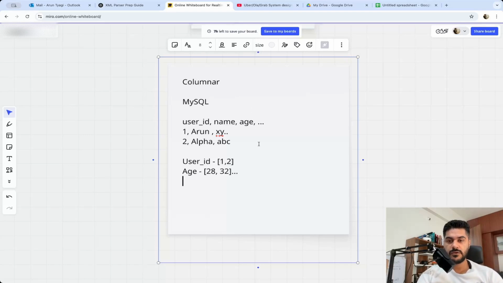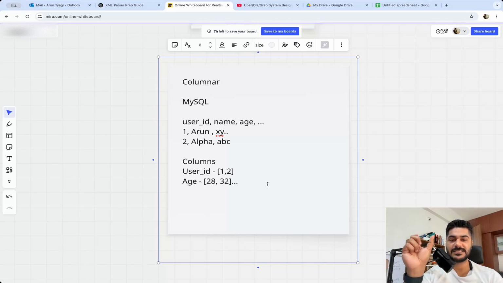So if you are storing columns, then think of a query: give me all my users in a range of 25 to 35. What you will do is go directly into this column and get all those indexes, right?